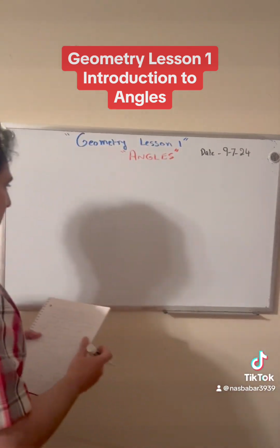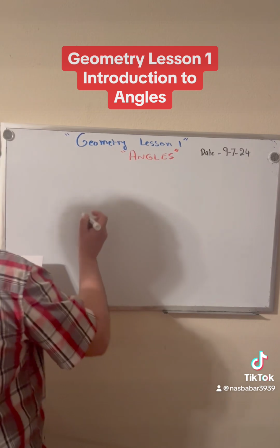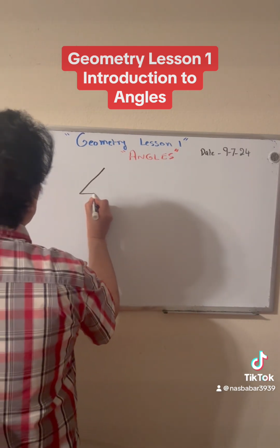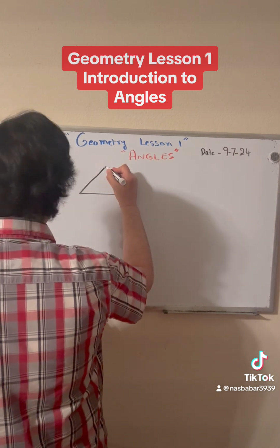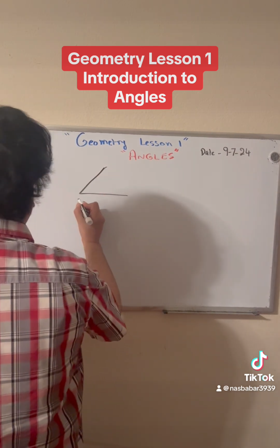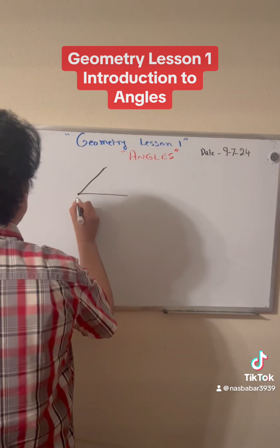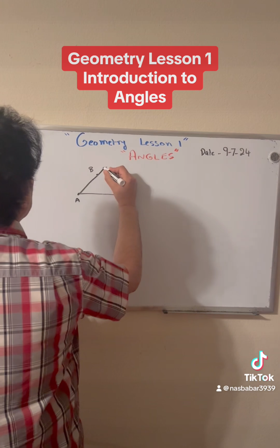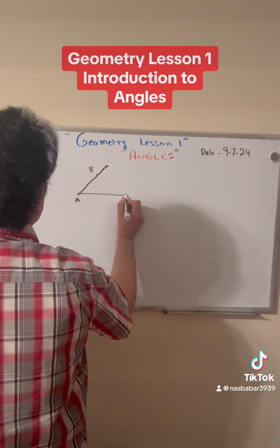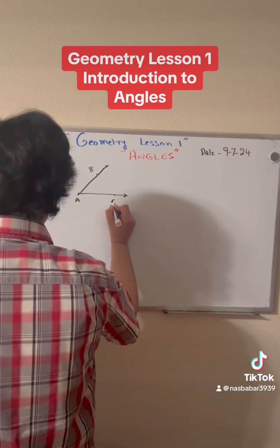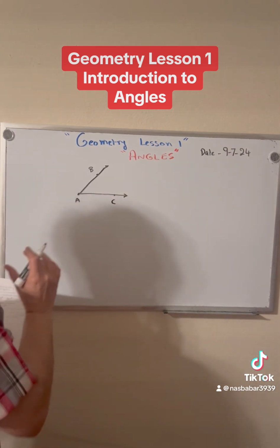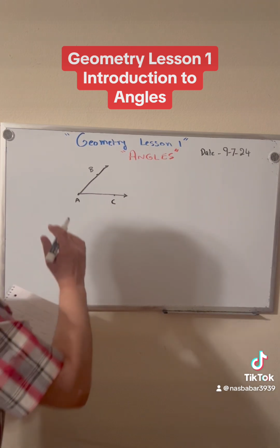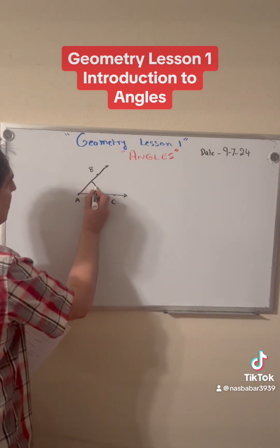So let's see if I can draw something like this. I'm not a good artist, but I'll do my best. Let's call this point A, this point B, and this point C. The classic definition of an angle is how far these two rays are open.